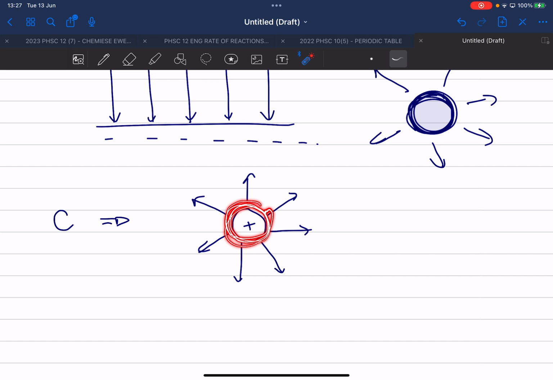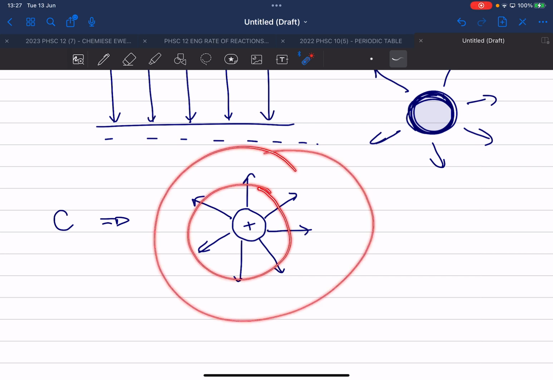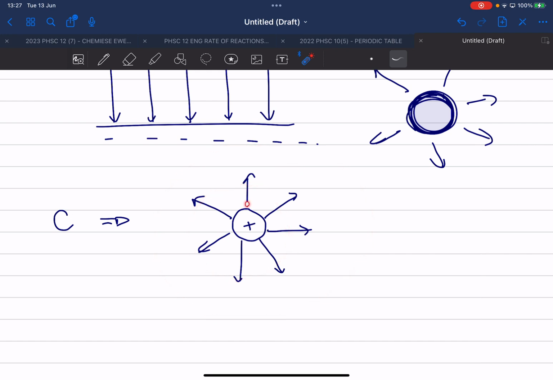Dan is dit 'n baie sterk veld. But when you move further away, it becomes weaker and weaker and weaker. So sê as jy hier vergelyk met hier, dan is dit nie dieselfde nie. Then it's not the same. So if you compare the electric field here with the electric field there it will be much weaker. Daar gaan dit baie swakker wees want dit is verder weg van die lading af.